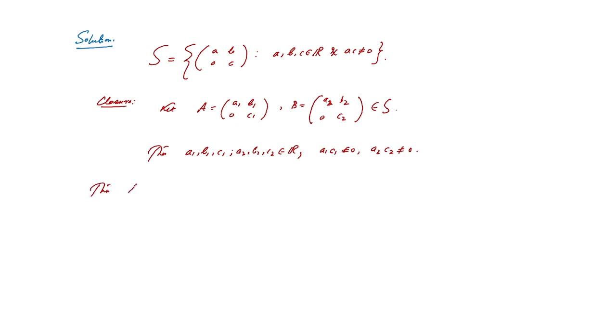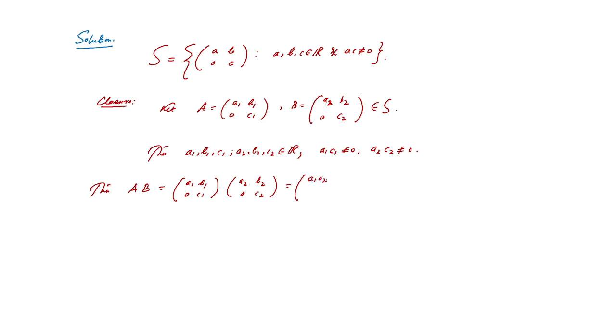So then if we multiply AB, that means [A1, B1; 0, C1] times [A2, B2; 0, C2], the simple matrix multiplication.